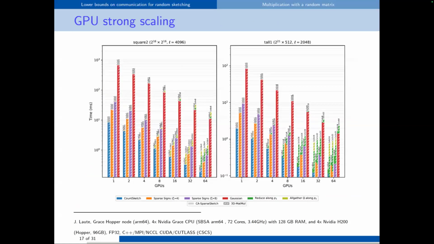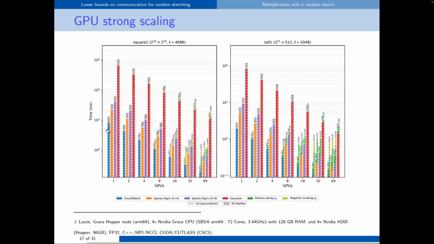And then let me show you what we obtain on GPUs. Those are results obtained by Johannes Laute on the CSCS supercomputer in Switzerland. What we present here are the results for sparse hash matrices, for which the theory can be adapted. I have presented the theory for dense matrices, but one can adapt it and obtain the theory also for sparse matrices.